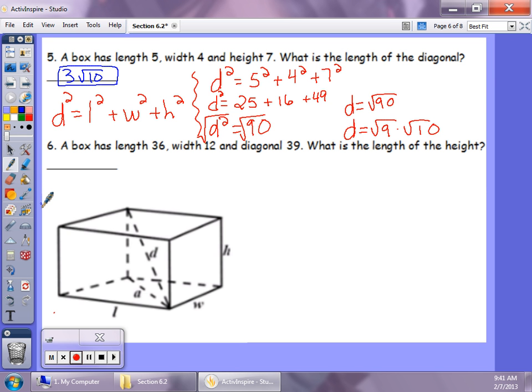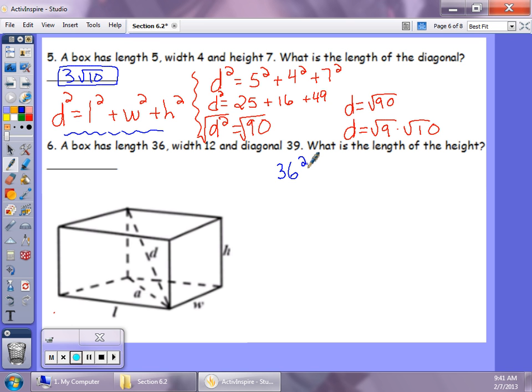In the next example, we are given that a box has a length of 36, a width of 12, and a diagonal of 39. Now they want us to use the equation to find the height of the box. So again, using this equation here, we're going to fill in the information that we have. We know that the length is 36.